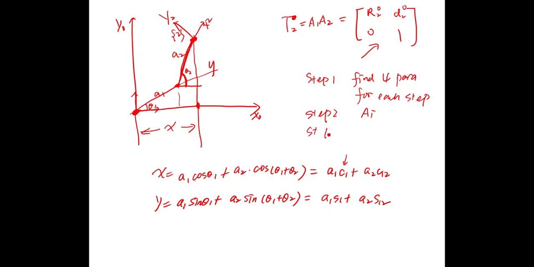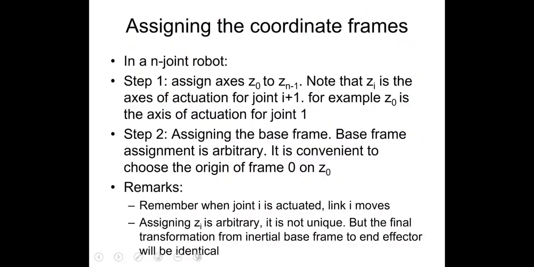And step 3 is to calculate Tn0 equals A1 times A2 times all the way to An. Physically, Tn0 means the end effector's position and orientation with reference to the world coordinates, which is the base. That's it. So now I believe we have a better idea of how to find these 4 parameters from the robotic arm. Let's see something more.